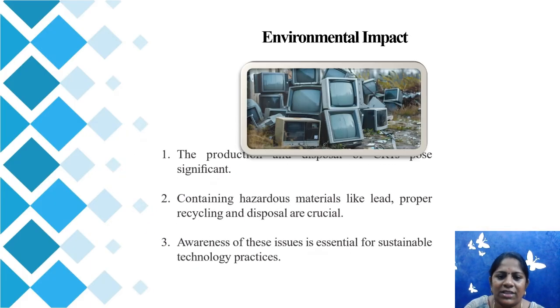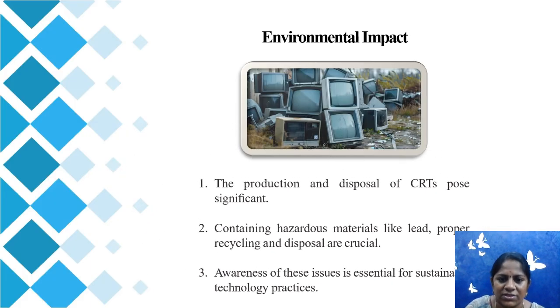So, environmental impact. What are the impacts we faced? The production and disposal of CRTs pose significant problems, as they contain hazardous materials like lead, so proper recycling and disposal are very crucial. Awareness of these issues is very important for users in recent technological practices.